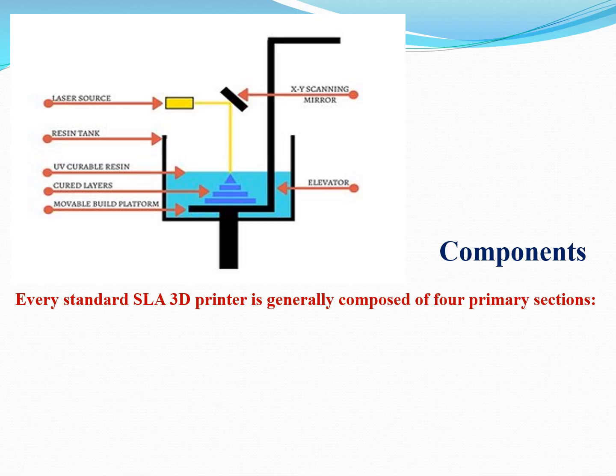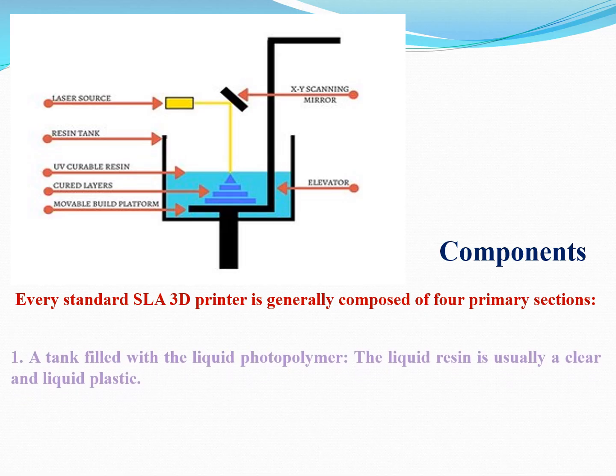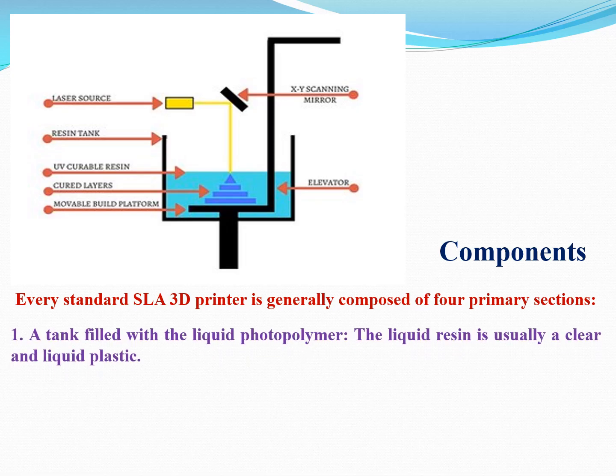After that come the UV curable resin, the cured layers and the movable build platform. The platform gradually moves downward from top to bottom. On the right hand side is the elevator. Now the components: every standard SLA stereolithography 3D printer is generally composed of four primary sections.